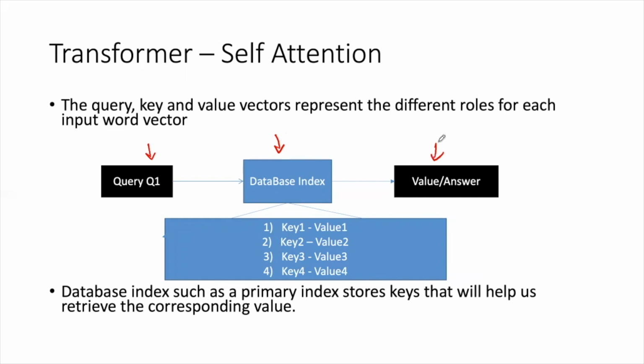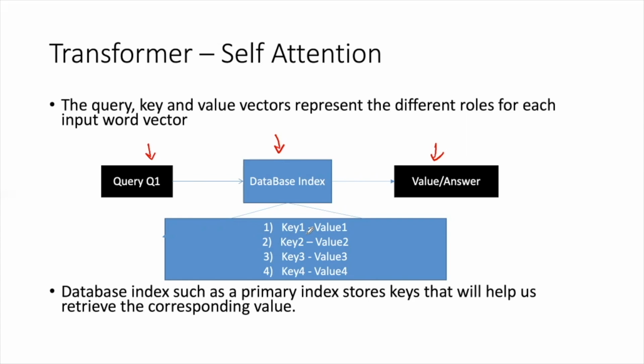The index, such as a primary index, typically contains keys and values. Given the user's query, we try to see which key is relevant to this query. Once we find the relevant key, we retrieve the corresponding value against that key. That's how a database system typically works.